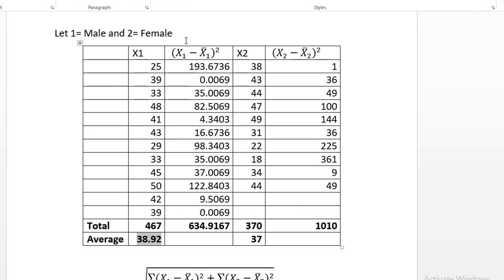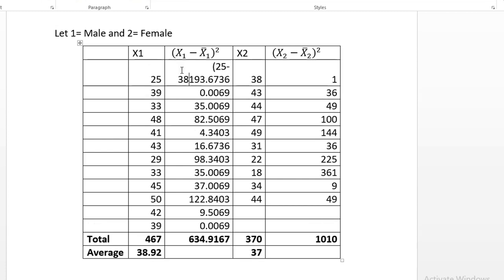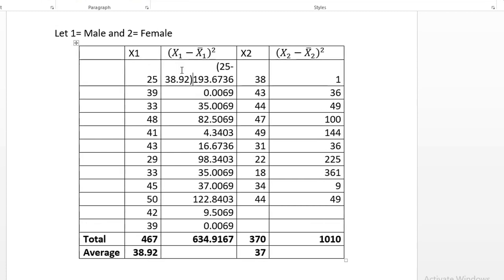And what I have further done here, I have calculated the sum of squared deviations. So what is 193.6736? Just subtract 38.92 from 25. I am just showing you here 25 minus 38.92 and take the power 2.